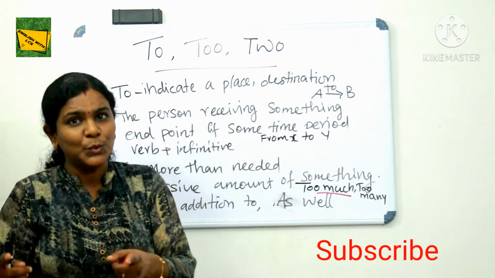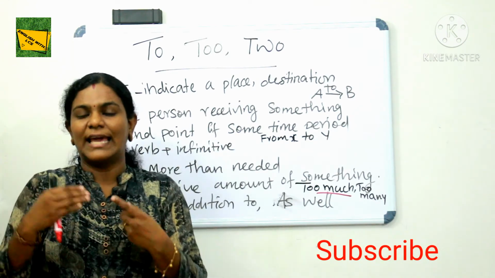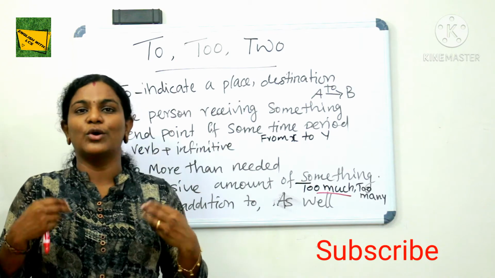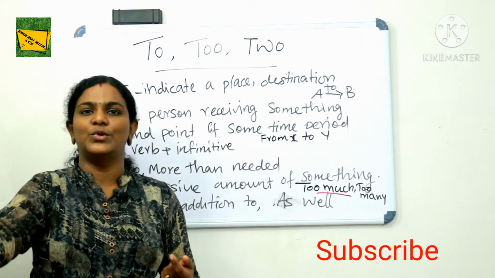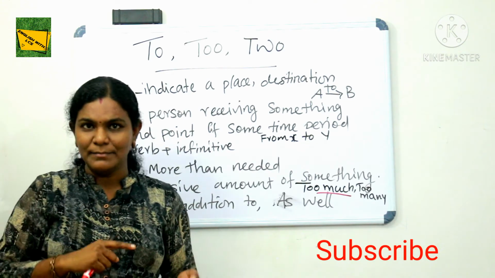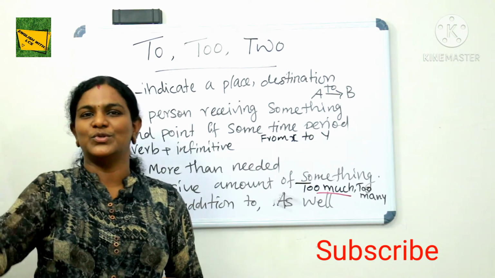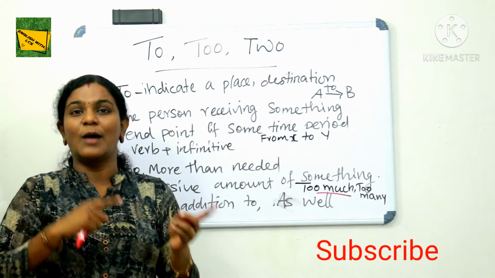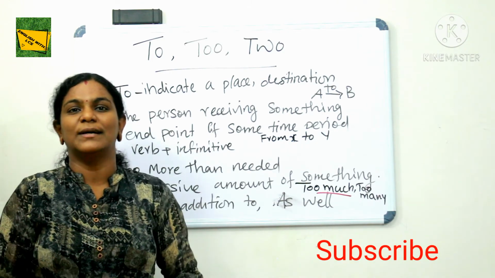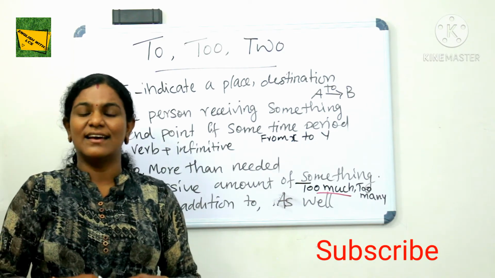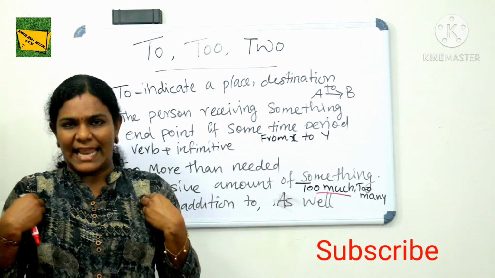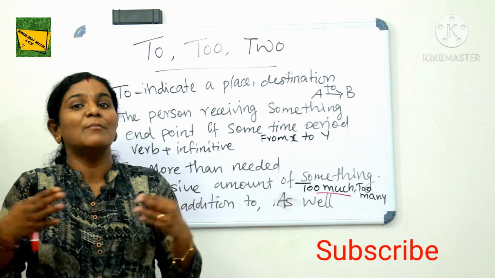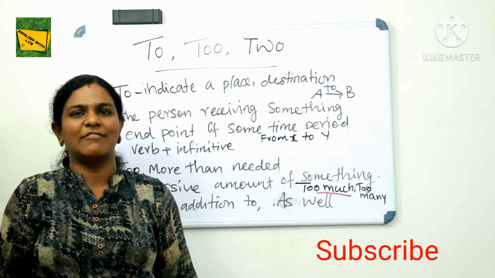There we have used too in order to show that Ram also wanted to go to the party. That means Ram too wanted to go to the party. And the next one is Ram too doesn't like coffee like me. That is, like me, Ram too, Ram also doesn't want to have something.